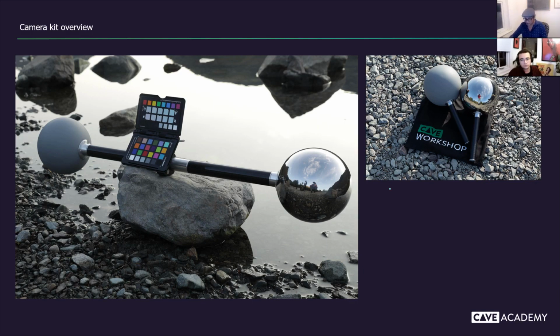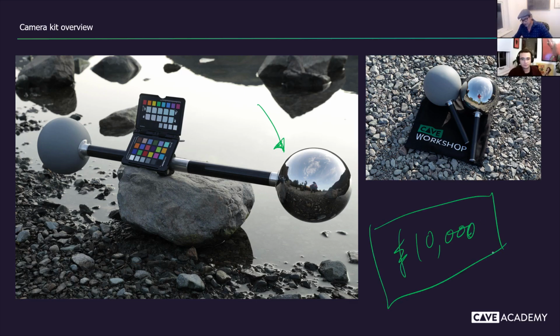Again, the only reason I put this on, by the way, and usually when I'm demoing this in person I try and attack someone, is that when you're going on set, usually you're carrying a bag that's maybe worth up to £10,000. So there's a lot of cash in that bag, essentially. And once you have everything out, people are attracted to the chrome ball.